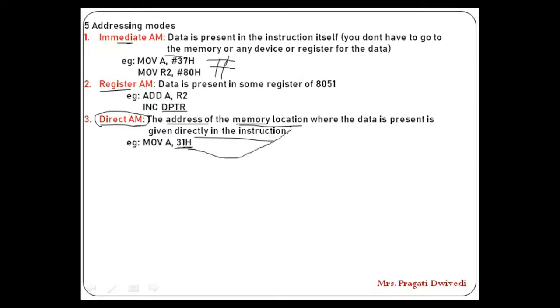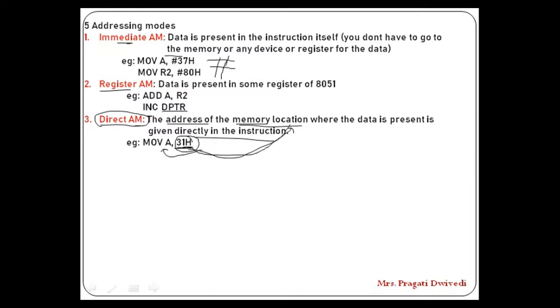You will go to that memory location, and whatever data is present in that memory location, that data you have to move in the accumulator, and you don't have to move 31h in the accumulator. So this is the difference. If you have a hash here, you will directly move 31 in A, but since you don't have a hash here, that means this is not the data, this is the address of the data.